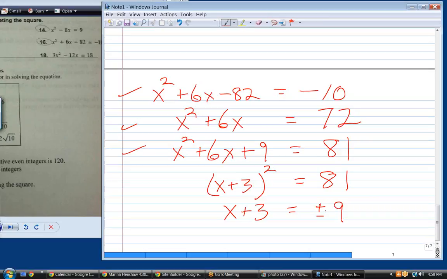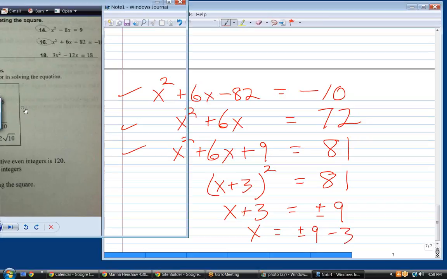You will lose points if you don't put that plus or minus in there, I guarantee you. Okay, so what's x equal to? X equals plus or minus 9 minus 3.